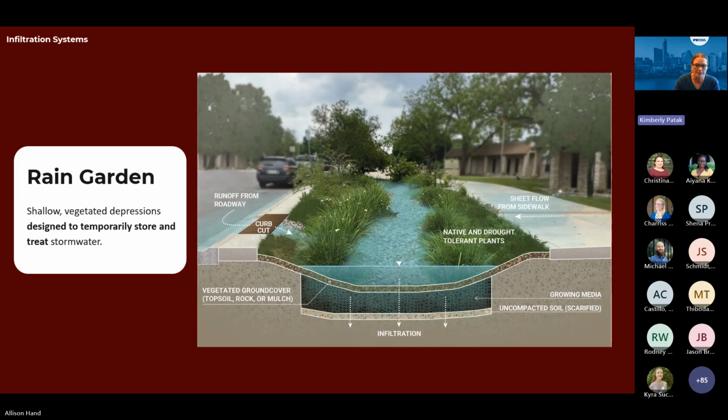A rain garden is considered more of a small site scale type of BMP, used for smaller contributing drainage areas, along a sidewalk or a curb line, in somebody's backyard at the end of a downspout, depending on the water quality goals you have for the area.